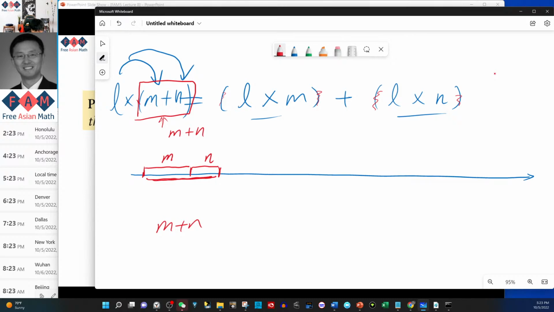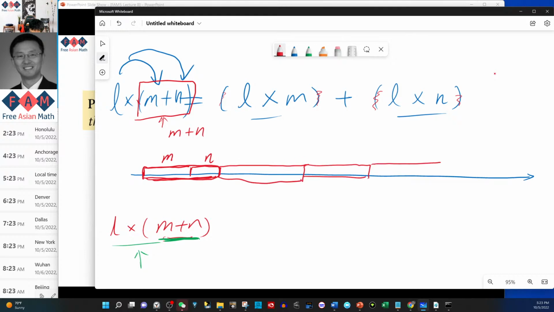Whatever that number is, when you multiply it by L, by the definition of multiplication, remember m plus n is done, it's just a number now. When we do L times it, according to our definition of multiplication, this is nothing but repeating this combined line segment L times, until you hit the last one.